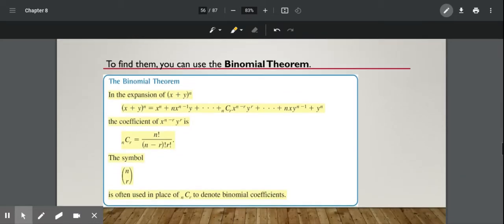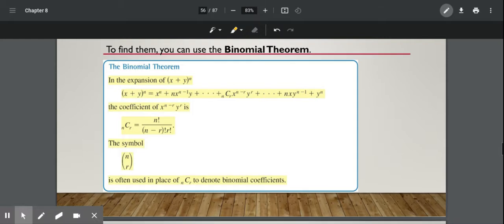So to find coefficients of specific terms, we can use this formula where we have x plus y to the n. To find the binomial coefficient, we do your nCr, which is n factorial over n minus r factorial times r factorial. And again, this is on your formula sheet, so make sure you find where that is on your formula sheet.